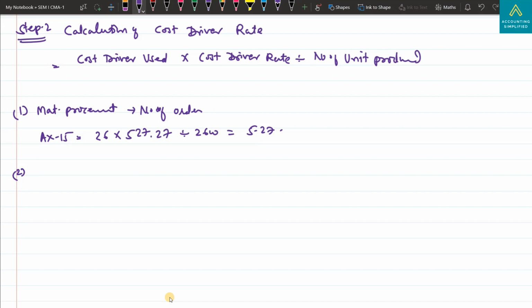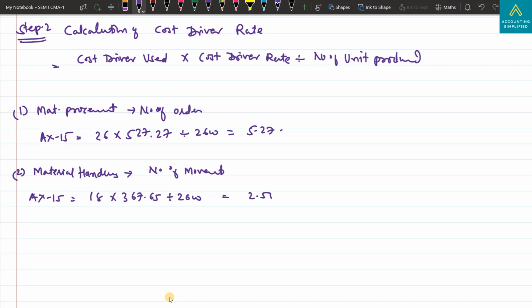Second is material handling, and material handling is based on number of movements. So product AX15, which is one batch, 18 into 367.65 divided by 2600, it comes to 2.55.